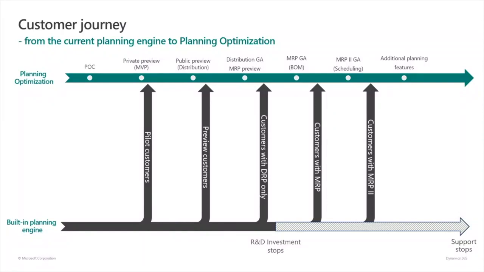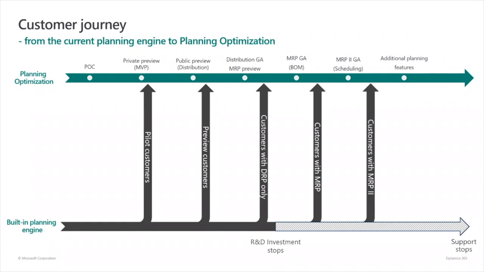But if you see the path around here, we have pilot customers moving to planning optimization, and once we have the public brief for distribution, we will be releasing it on GA. We want customers and partners to move along with the progress we are making, ensuring that they move to the planning optimization engine and have all the capabilities.